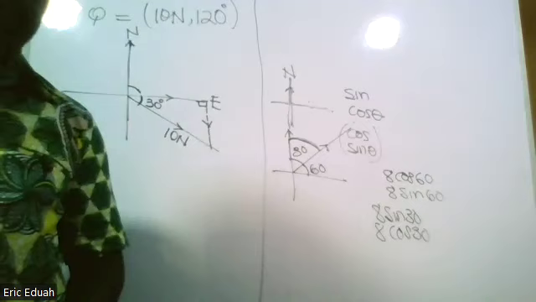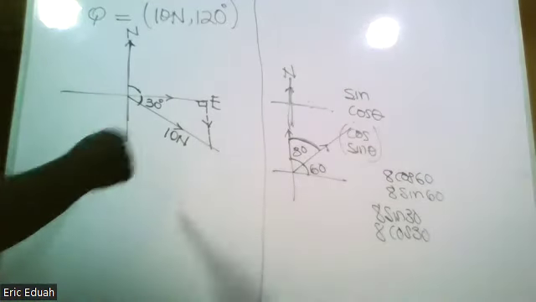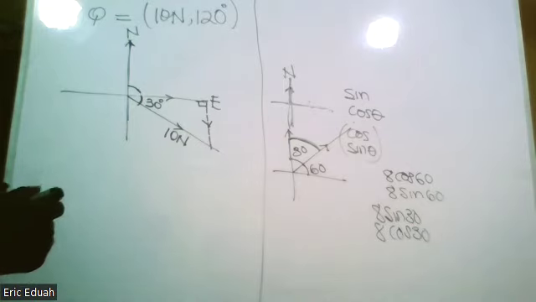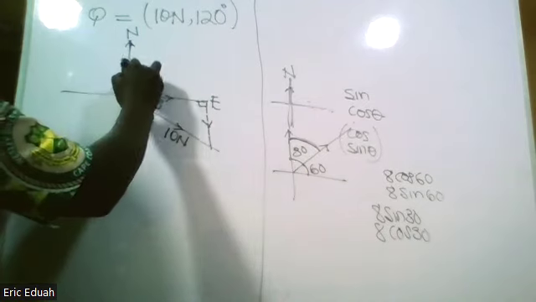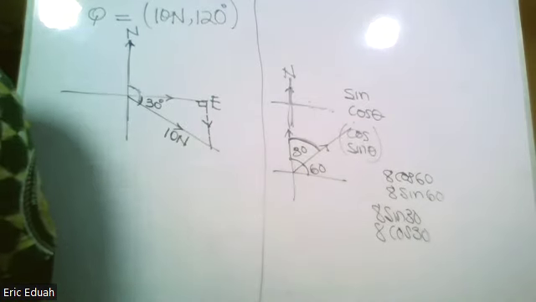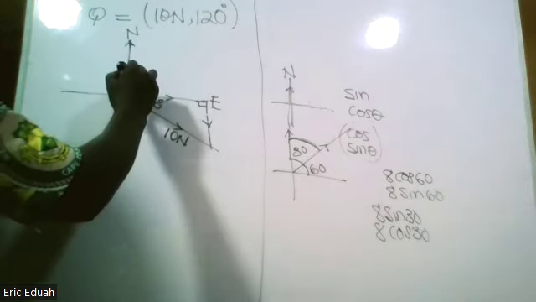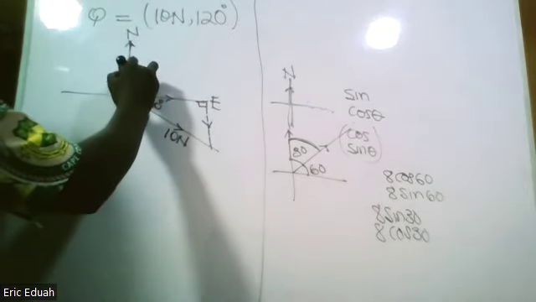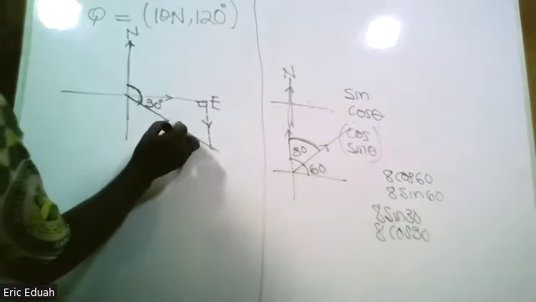So that thing is very, very important. Now, I'm going to apply that to this. One way of doing this is that if I take my measurement from the y-axis, or from the north, I have an angle of 120. So 120 degrees from the y-axis before I can locate the vector 10 Newton.